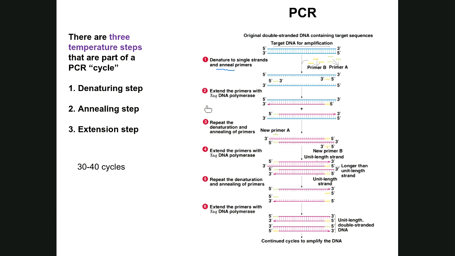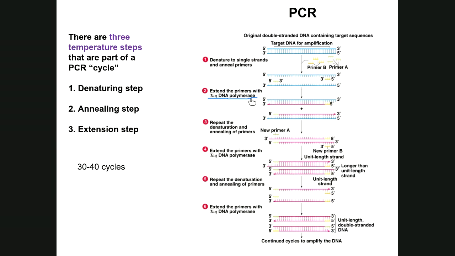Then the temperature will go up to approximately 72 degrees Celsius, because this is the temperature that is optimal for Taq DNA polymerase to extend, or replicate, make a copy of these two single strands of target DNA.